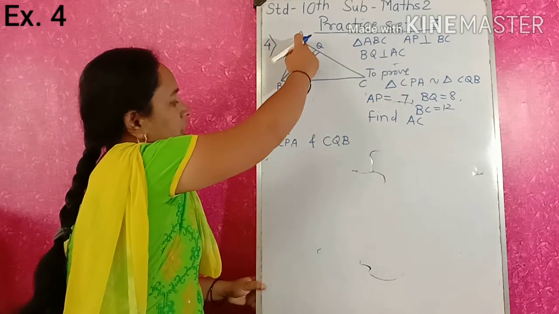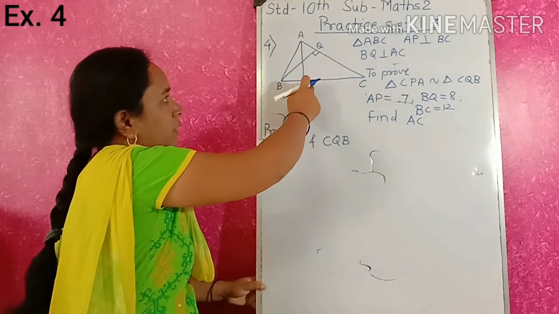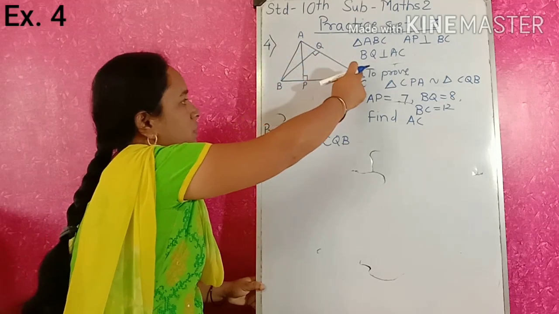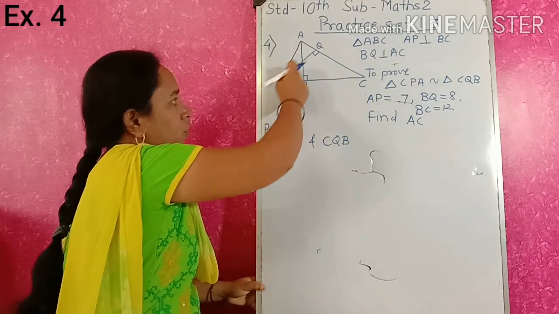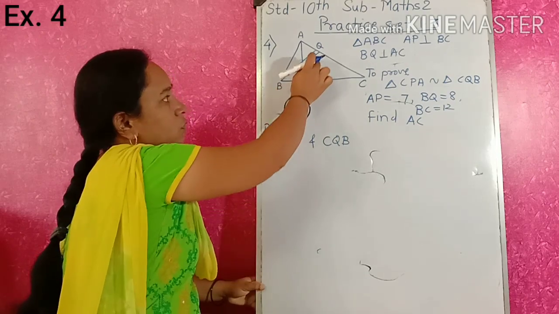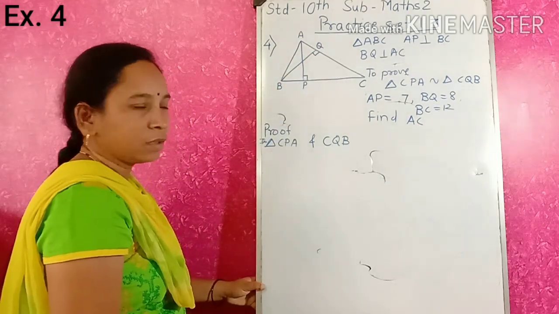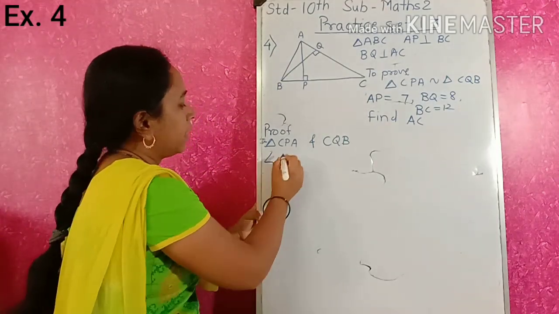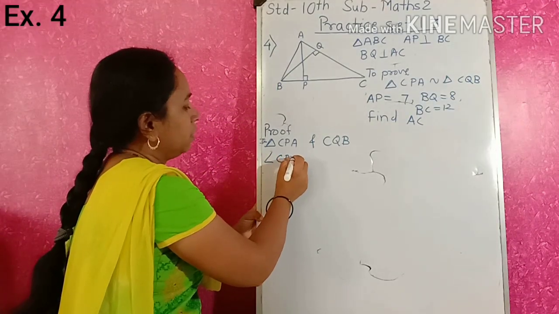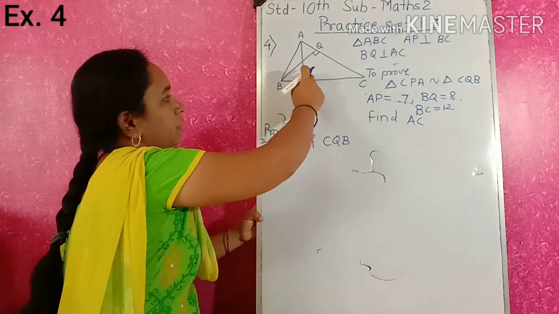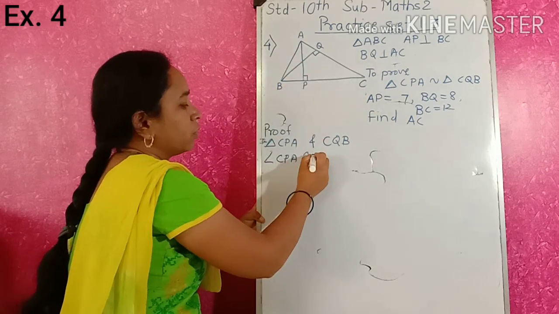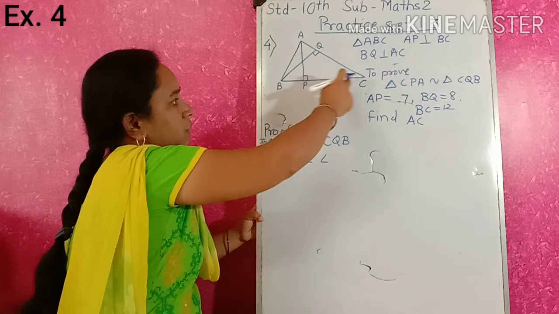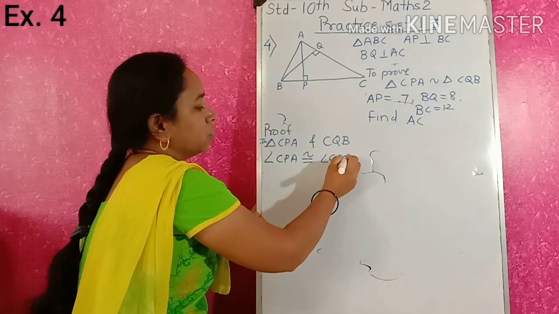That means in triangle CPA and CQB, these two angles are congruent. Why? Because both are 90 degree. So I'll write the angle CPA, this 90 degree, and it is congruent with angle CQB.